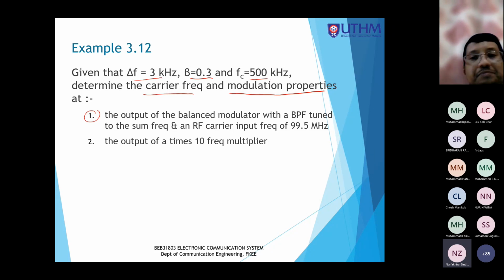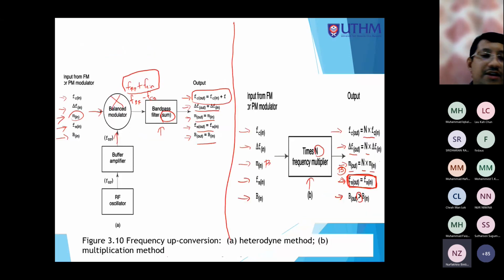The first question asks about a heterodyne process that has a balanced modulator and a bandpass filter tuned to the sum frequency. That means we're going to take the upper side frequency, and the given RF carrier means the oscillator frequency, which is 99.5 megahertz, from the RF oscillator.